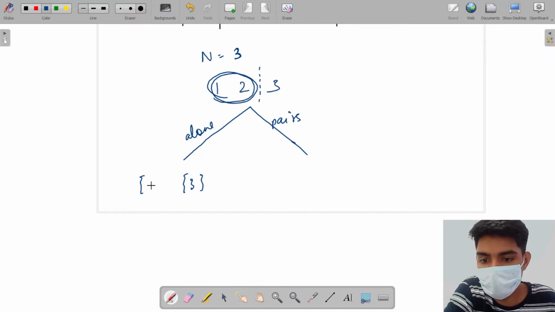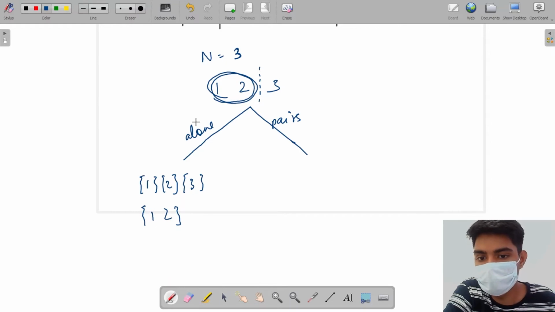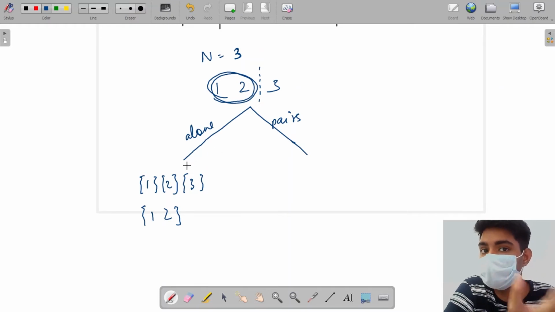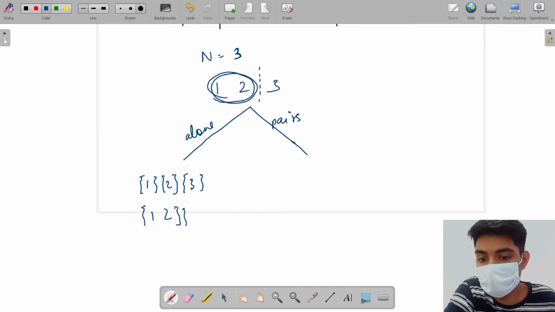Let's say I have 1 and 2. The ways for 1 and 2 to go are this: they can either go alone or they can go in pair. If 3 is deciding to go alone and he's not pairing up with someone, then the total number of ways would be for these two only. I hope you are getting this point.